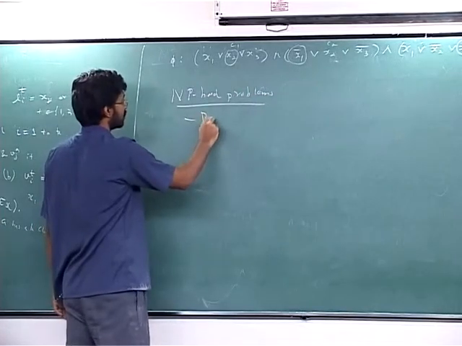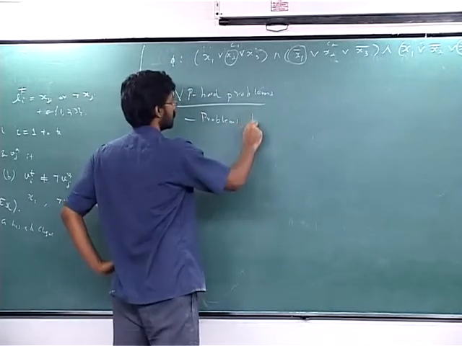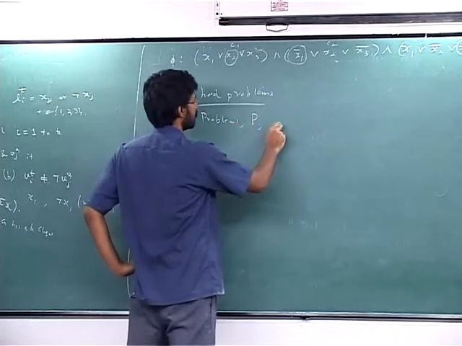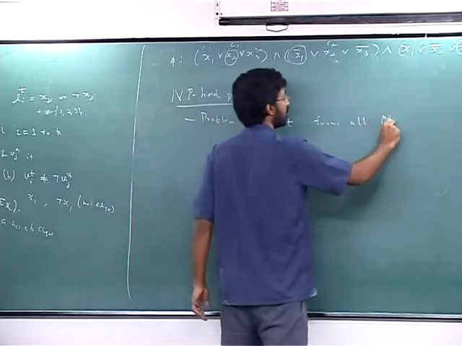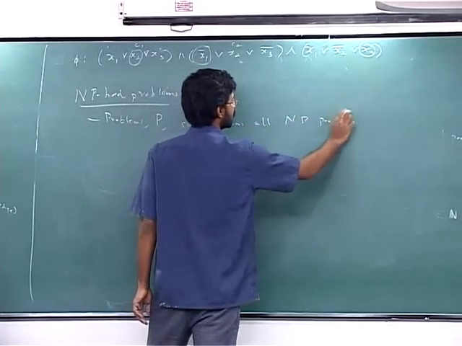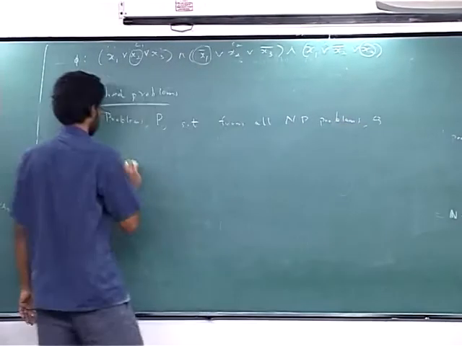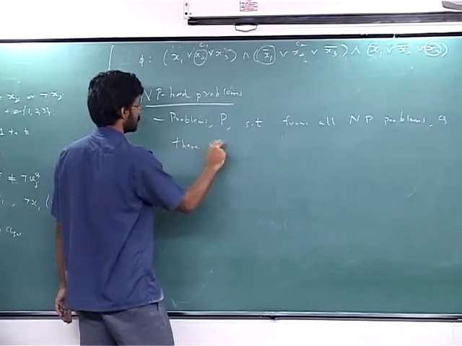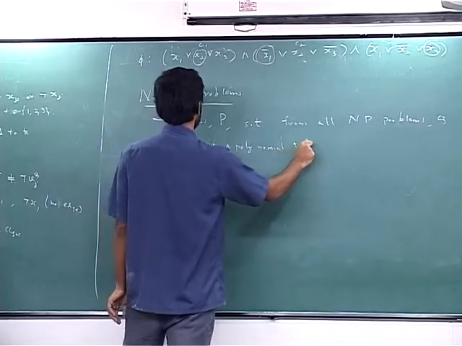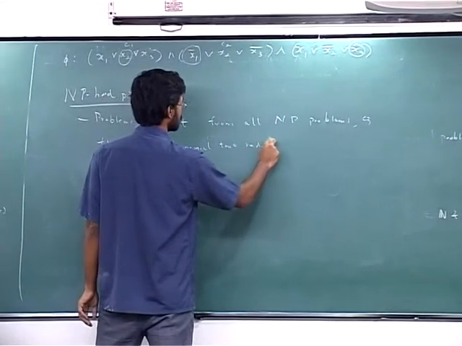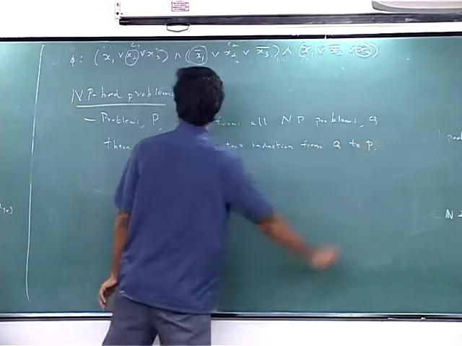So these are problems P such that from all NP problems there are polynomial time reductions.